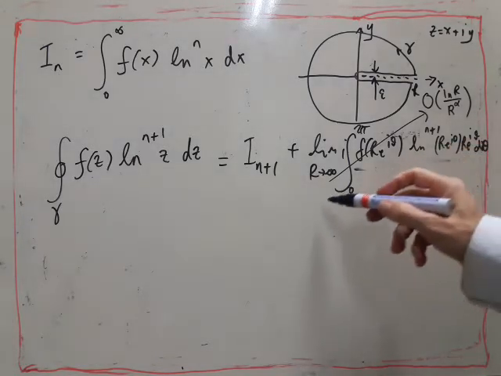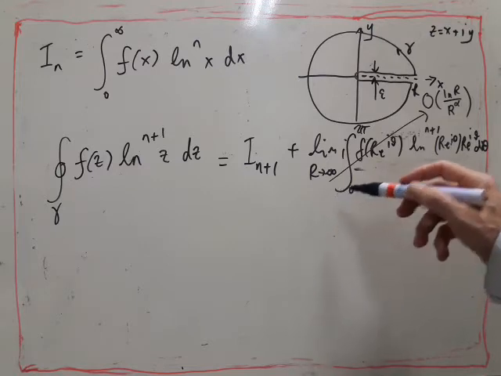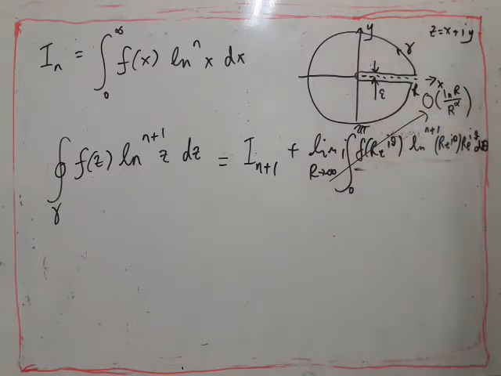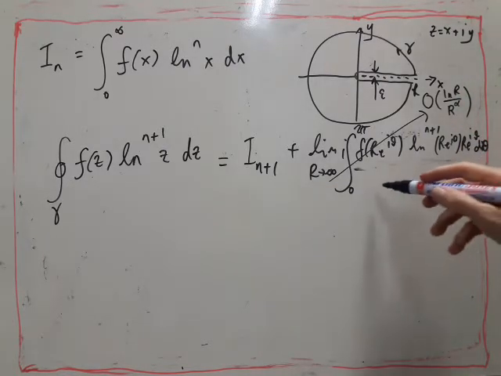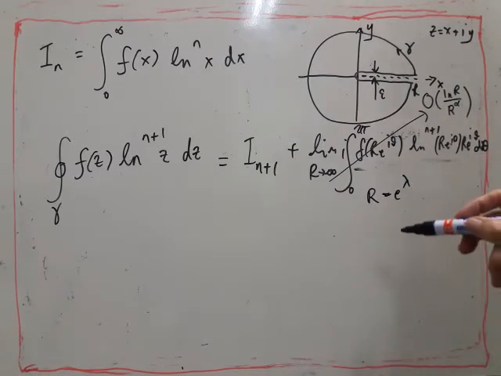Well, the simplest way is just to think that really the rule is that r to any positive power will beat log r. But if you don't believe that, you can always write r equals e to the lambda, substitute that in, and let lambda go to infinity.